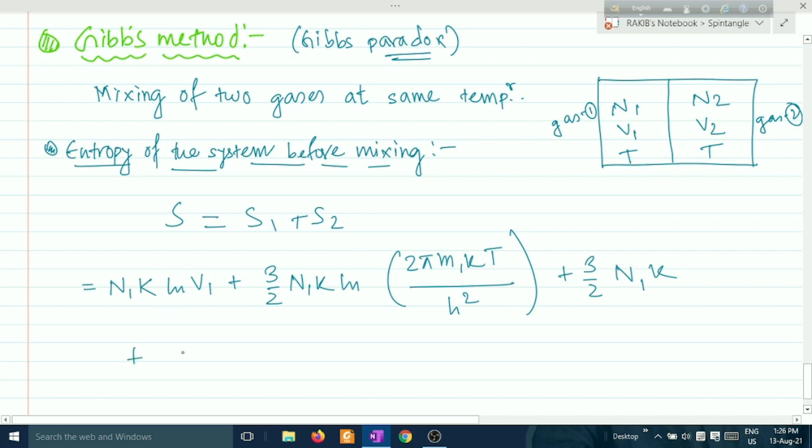And what is the entropy of the second gas? There will be n2 k ln v2 plus 3 by 2 n2 k ln 2 pi m2 kT by h square plus 3 by 2 n2 k. This m is the mass of the particle.